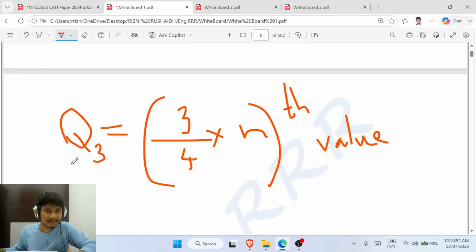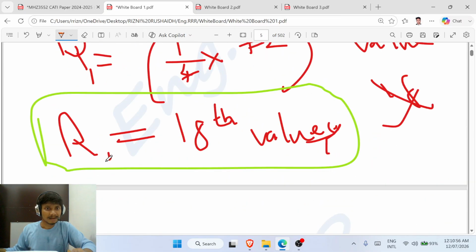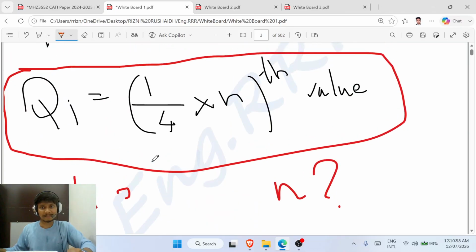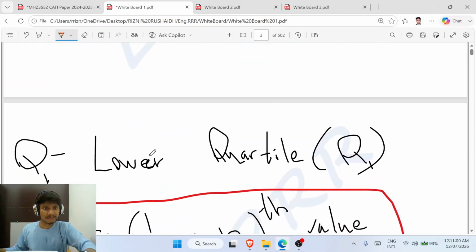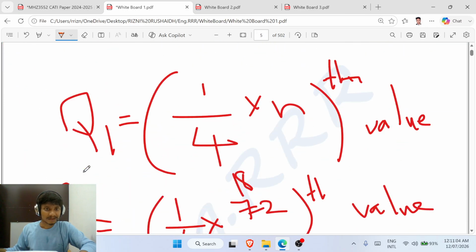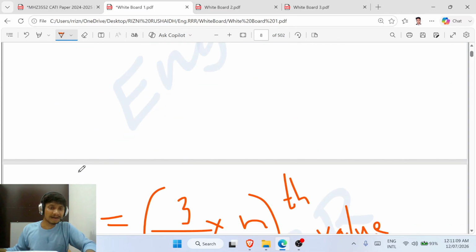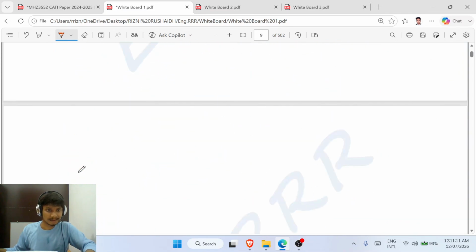What is Q3? We already studied that Q1 is the lower quartile.